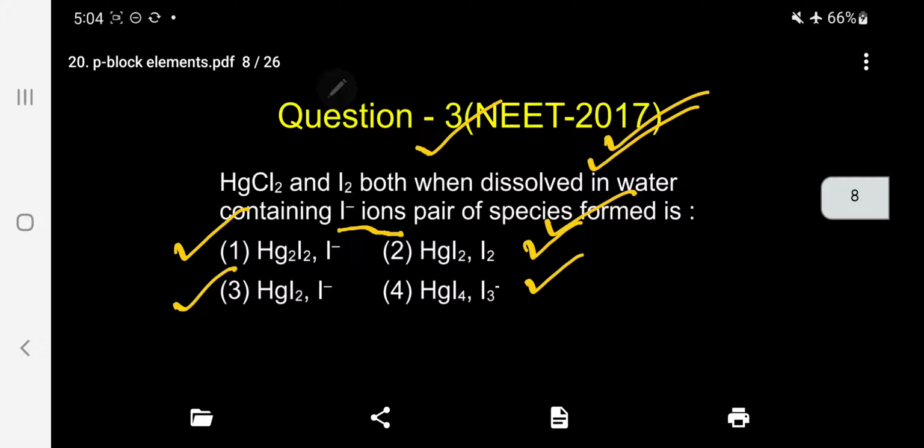See, this question is actually coming under the halogen family, specifically under iodine. So this I have brought under the P block elements.